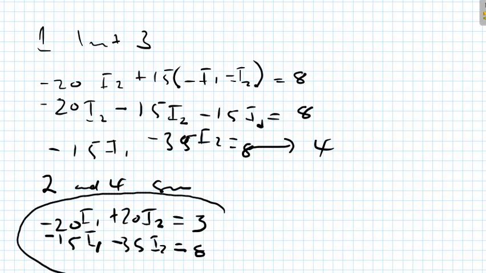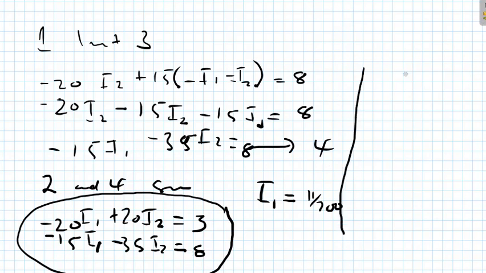If we solve this using simultaneous methods, we end up finding I1 to be equal to 11 over 200, which is 0 point something. So let's leave it in fraction form. When we have found I1, we say I3 is equal to minus I1 minus I2. That is from equation 1.